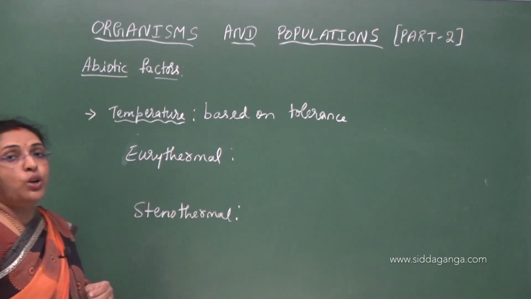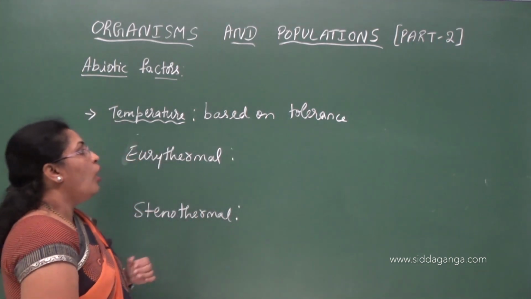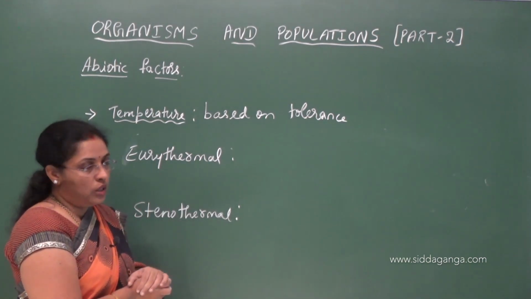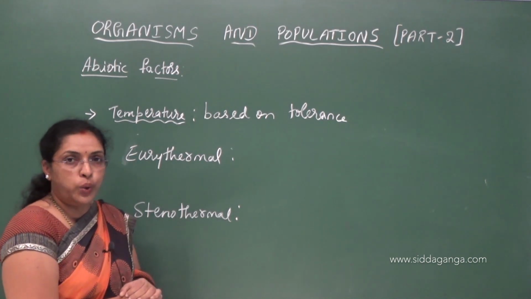So, based on tolerance of temperature, organisms are classified into two types. One is euthermal, another one is stenothermal.